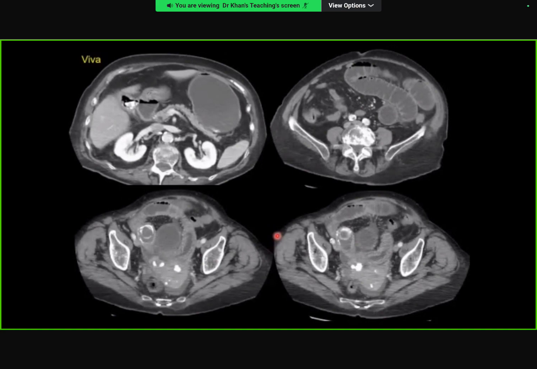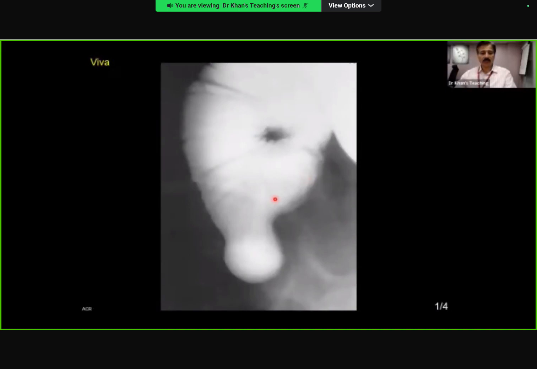So this is small bowel obstruction secondary to a mass with calcification within it, likely a gallstone. If you see the gallbladder here, it is fistulating into the duodenum, and then the stone has gone here, and there is small bowel obstruction. Classical case of gallstone ileus.